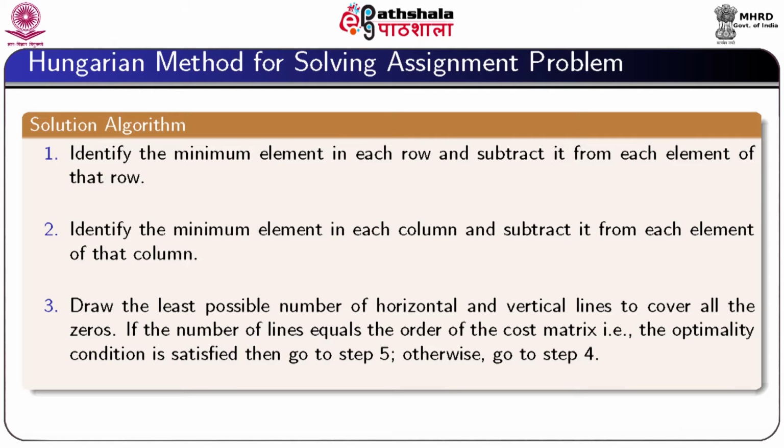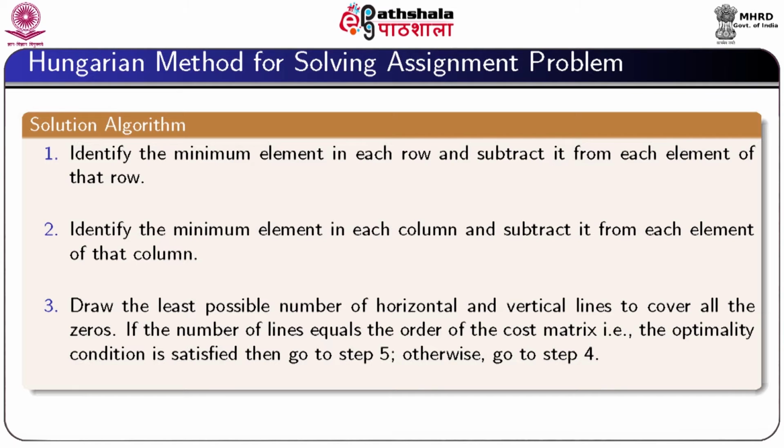First, we have to identify the minimum element in each row and subtract it from each element of that row. There is no harm in subtracting the minimum element of each row from all the other elements, because the optimal solution will not be changed. In step 2, we identify the minimum element of each column and subtract it from each element of that column.